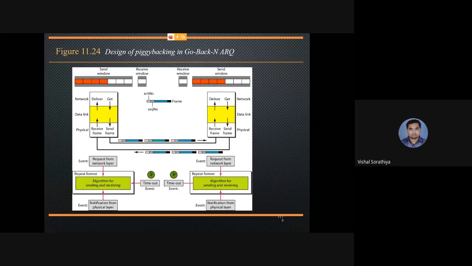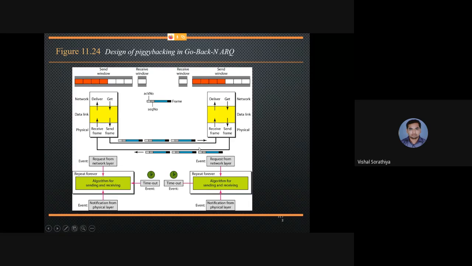So consider two stations: this one is sending information, and the other side is also sending information. Then frames will go from both sides and acknowledgements will also come from both sides. Whatever frame is transmitted from one side, the acknowledgement is generated from the other side, as well as for whatever frame is transmitted from the second side.